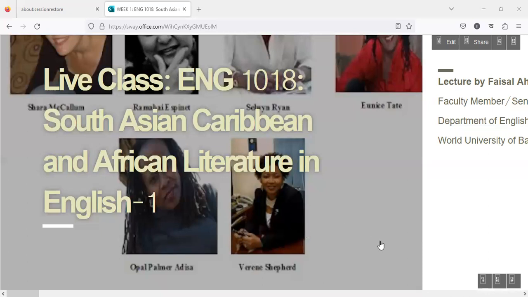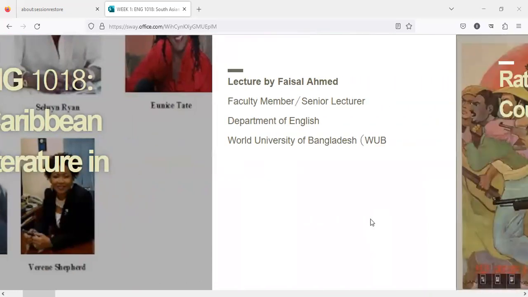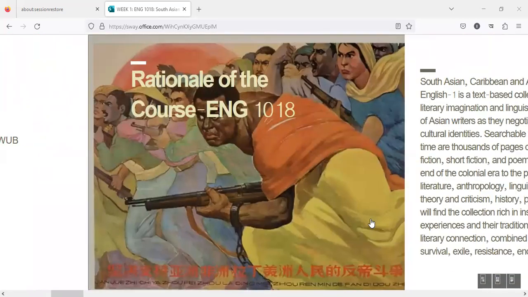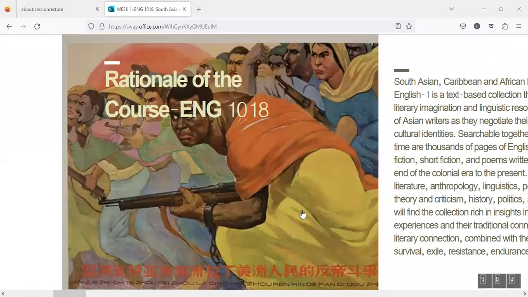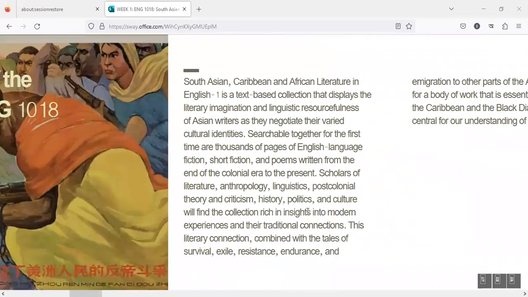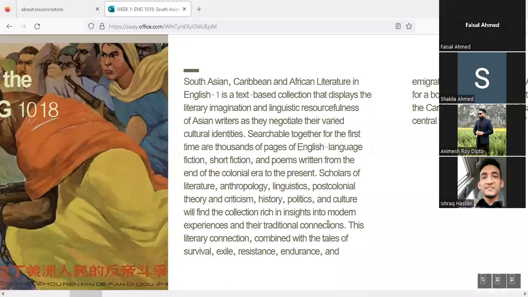And the other 3 writers are from India, which is broadly mentioned here as South Asia, right? So already you have got the rationale of the course. I have hovered over the slides, and I think you saw those.